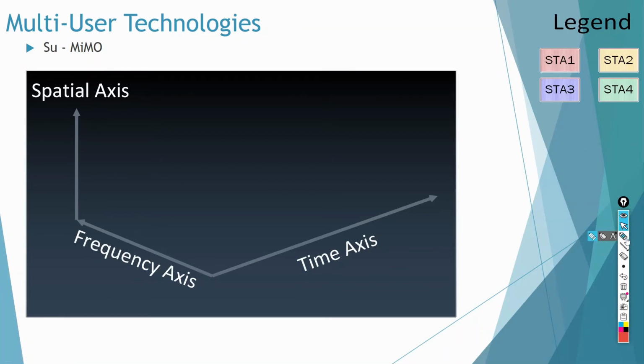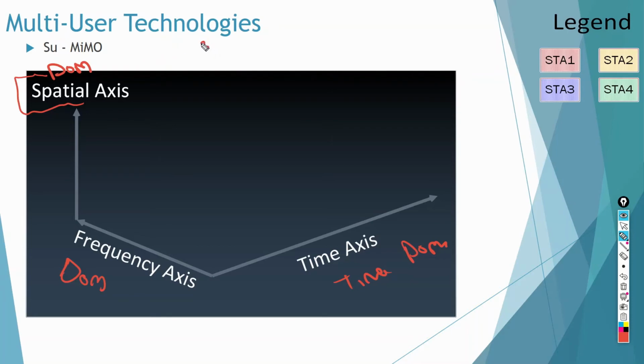Before that, the time axis refers to the time domain, the frequency axis refers to the frequency domain, and the spatial axis refers to the spatial domain. In the time domain, changes will be made on the time axis. If I change anything on the frequency, then changes will be applied to the frequency domain, which refers to the channel that the access point uses. Now, this is new: the spatial domain.